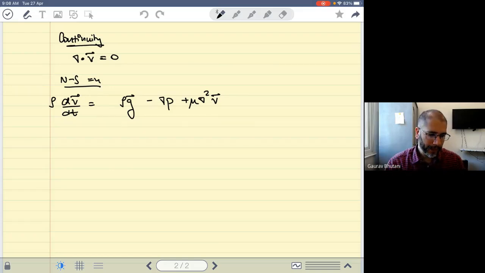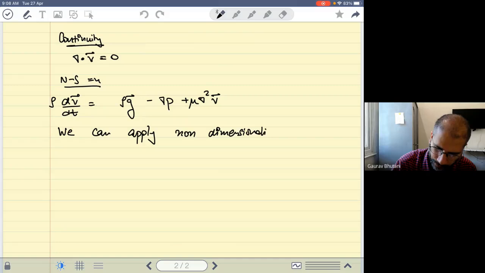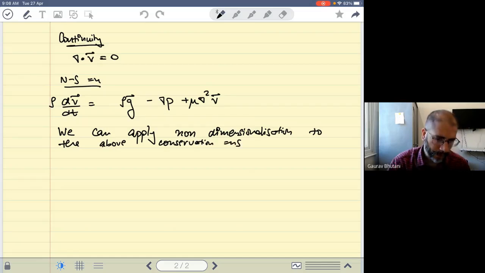Okay, so when we apply the ideas of dimensional analysis, or in fact in this case we call them non-dimensionalization, we can apply non-dimensionalization to these two equations, and these ideas will not help us solve the equations.